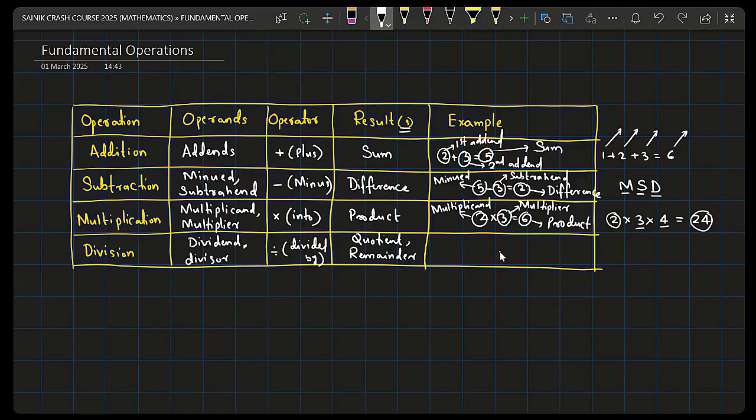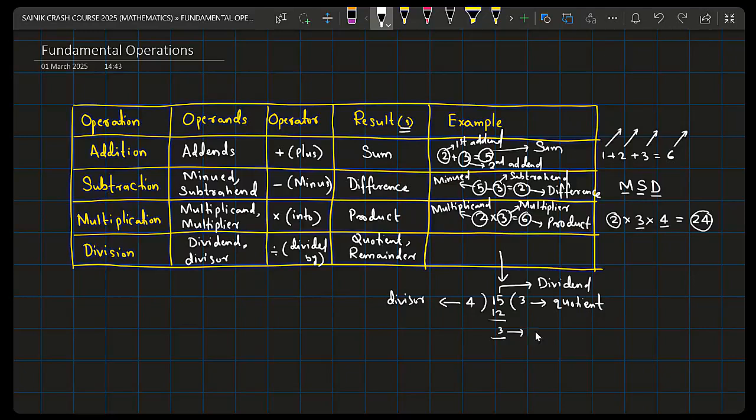We'll write the example here. For example, 15 I am dividing by 4. 4 3s are 12. Remainder is 3. This 15 is called the dividend. This 4 is called the divisor. This 3 is called quotient.